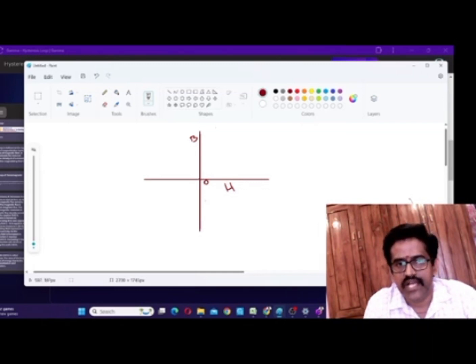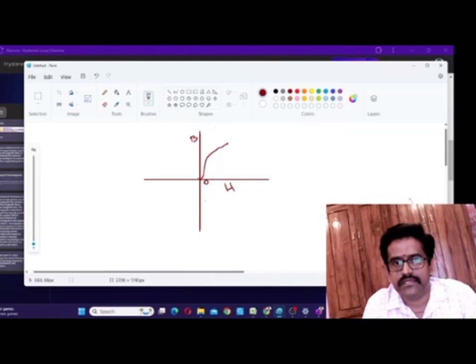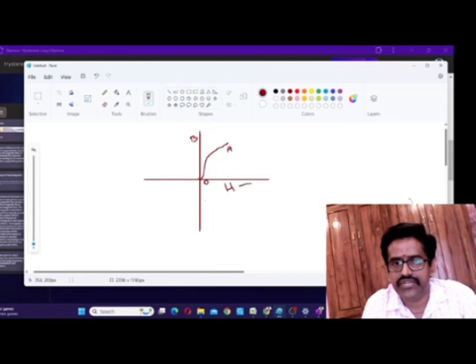Now we gradually increase the H value. Then B also increases, meaning the iron starts to become magnetized. At this particular point, say point A, it reaches saturation, meaning the maximum magnetization takes place at point A. If we increase H further, there is no change in B because it has reached a limiting value.